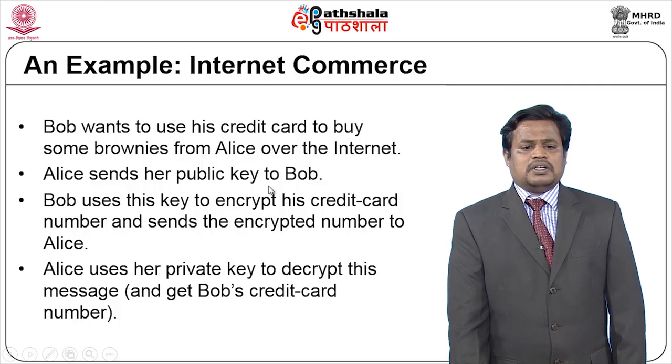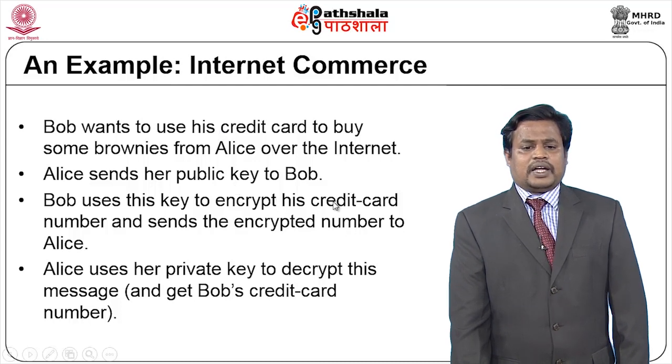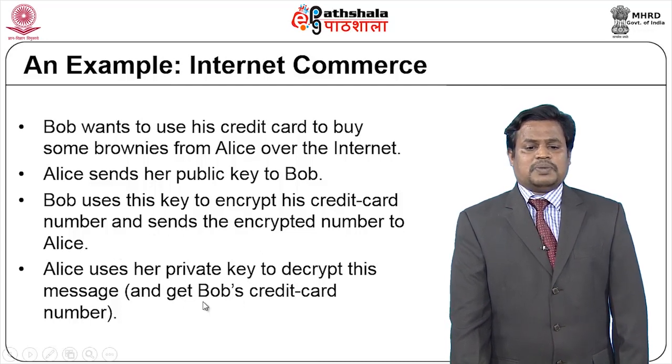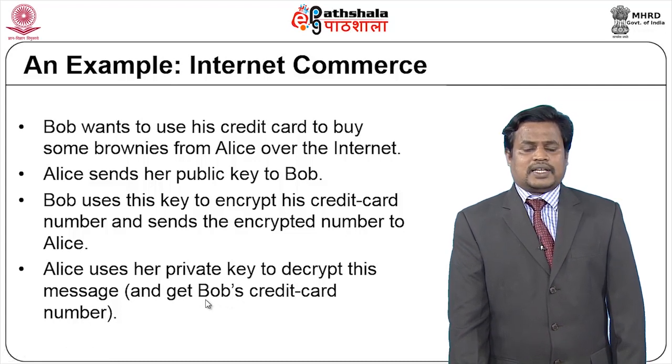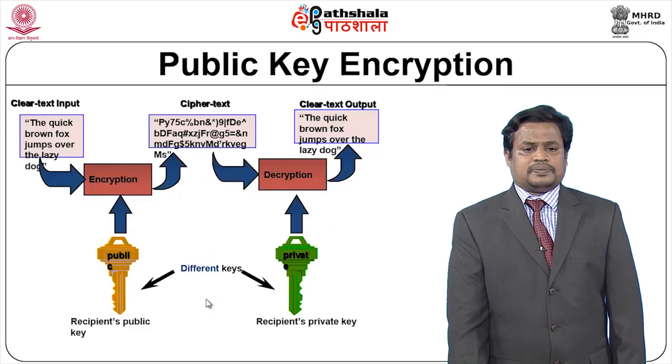Bob receives the public key of Alice and encrypts the credit card number and sends the encrypted number to Alice. Alice uses her private key to decrypt the message and finally gets back the credit card number. This is exactly what is happening on our internet.